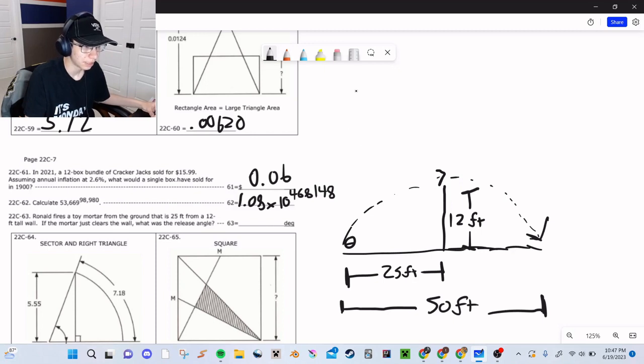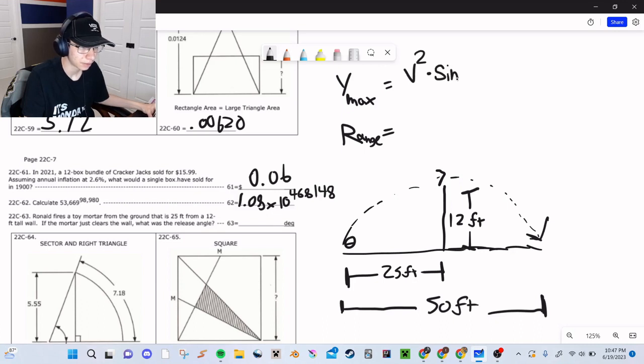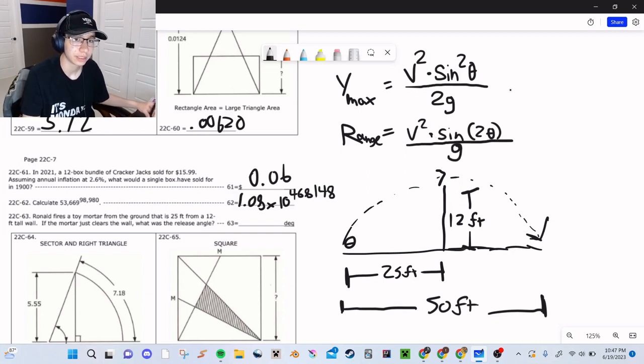So there's 2 formulas to know: the formula for your maximum height in the y, so y max, and your range. Your y max is going to be v squared times sine squared theta over 2g, and your range is going to be v squared times sine of 2 theta over g. So let's use these equations to help us out.